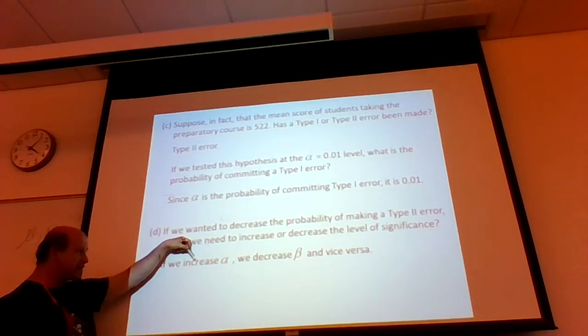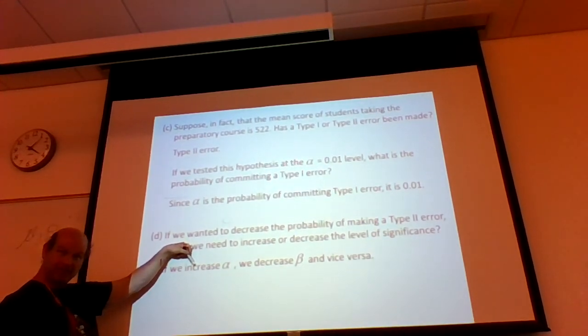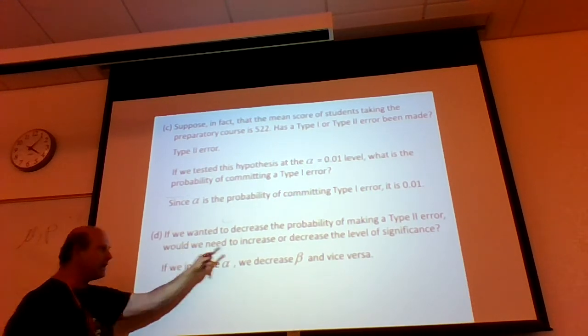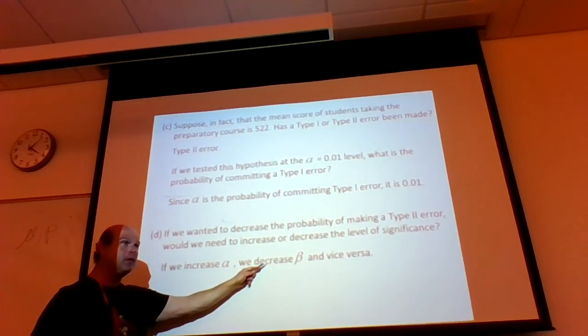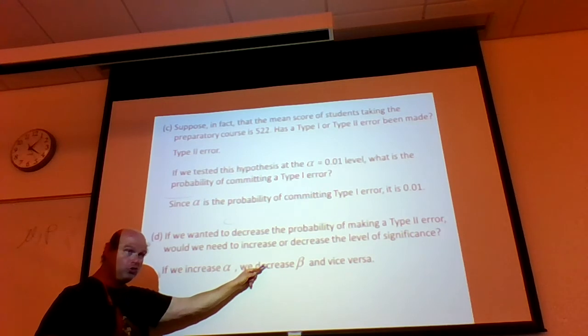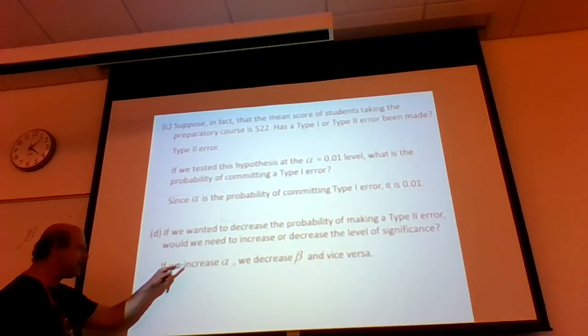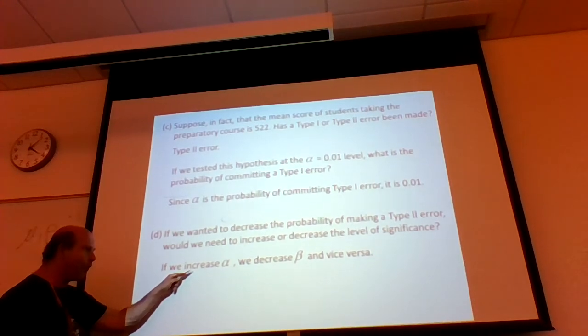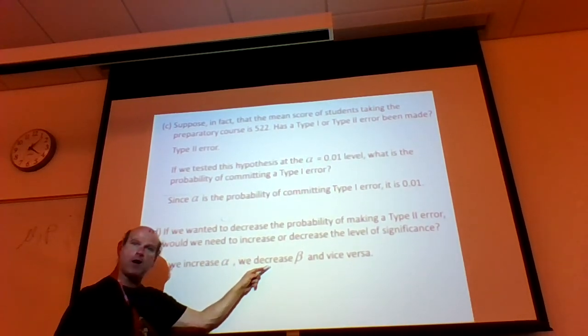If we increase the type 1 error, that's what alpha is, we decrease beta, which is the type 2 error. Now let's say we decrease the type 1 error. What are we going to do to the type 2 error?